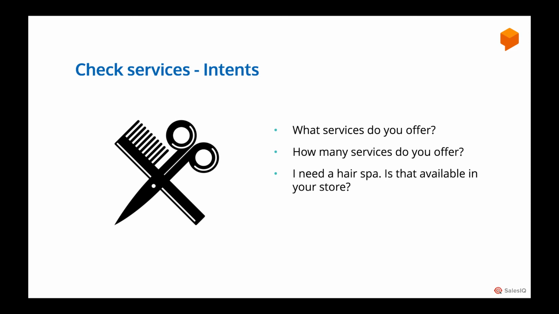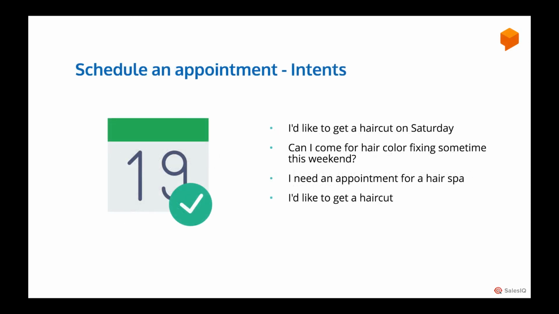All right. So running back to our hair salon example, let's assume we have an intent called check services, and I'm going to define training phrases for this intent. Like, what services do you offer, how many services do you offer. So I'm going to add different invocations of the same question, at least 10 different invocations for the bot to get trained for it.